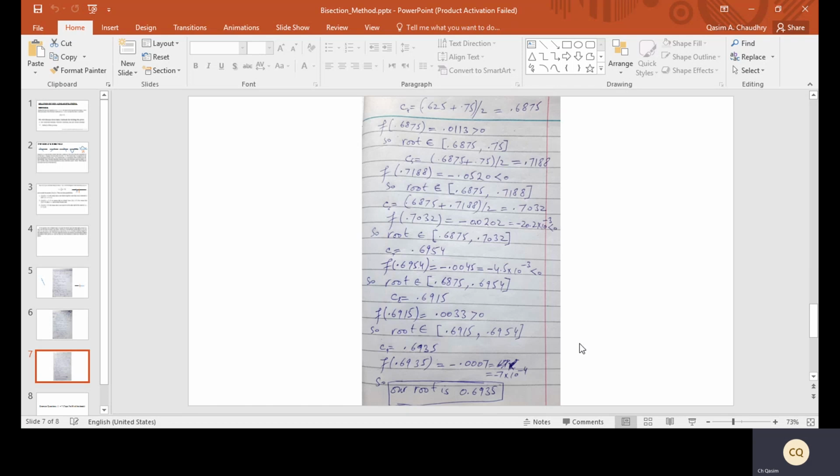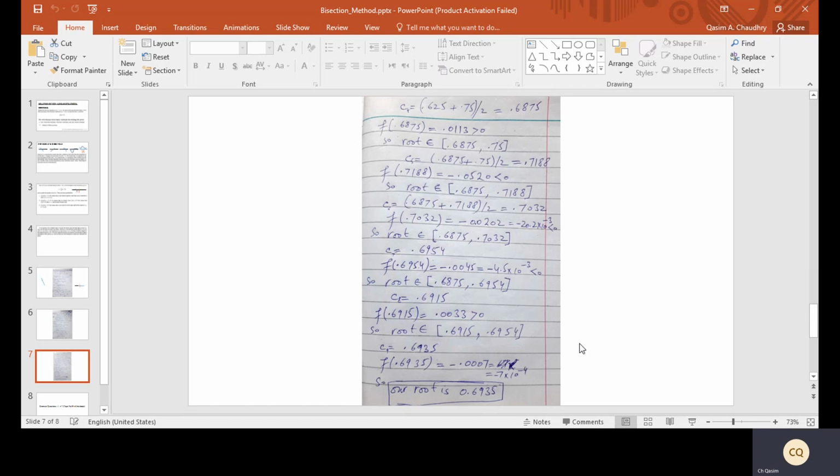So sometimes it is asked that the answer should be such that its difference from the 0 value should be, let's say, 1 into 10 power minus 4. The absolute value of the error should be 10 raised to power minus 4, or maybe 10 raised to power minus 3, minus 4, minus 5.